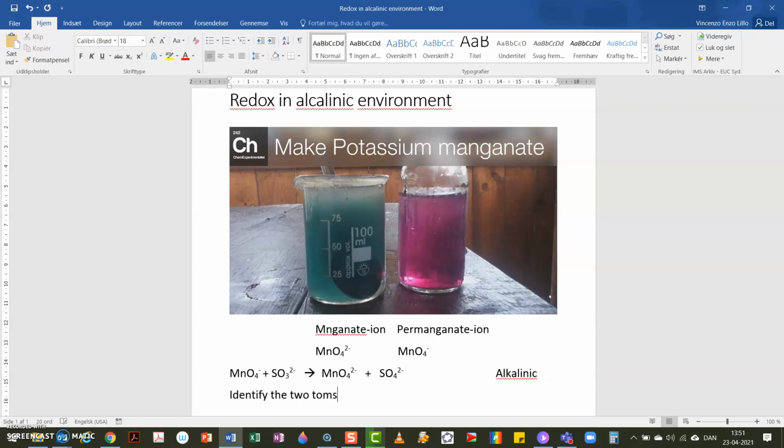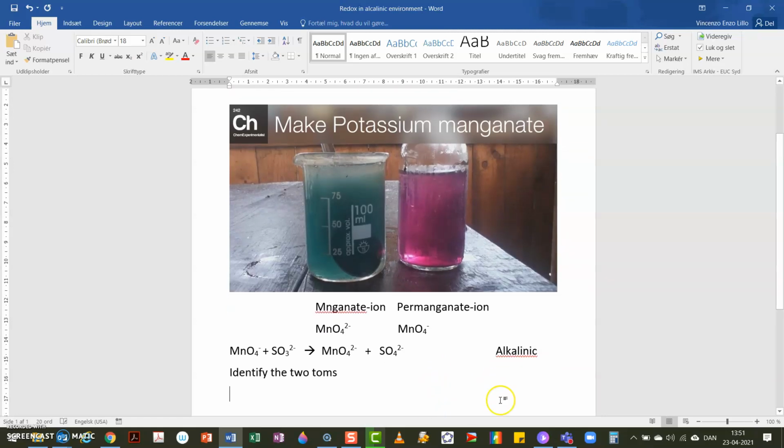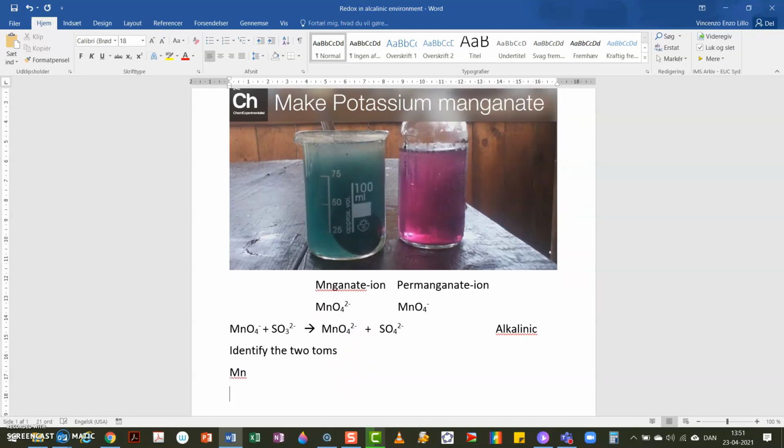Well, look, the manganese goes from being attached to the oxygen and having only one negative charge to being attached to the oxygen and having two negative charges. So something has happened. The other one will be the sulfur because it goes from being attached to 3 oxygen atoms to being attached to 4 oxygen atoms.